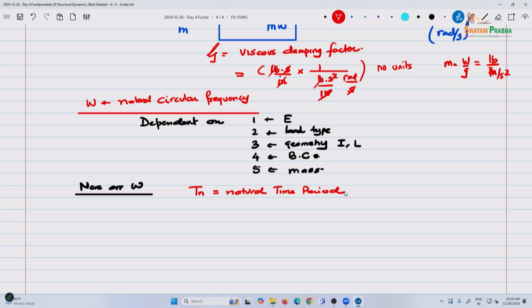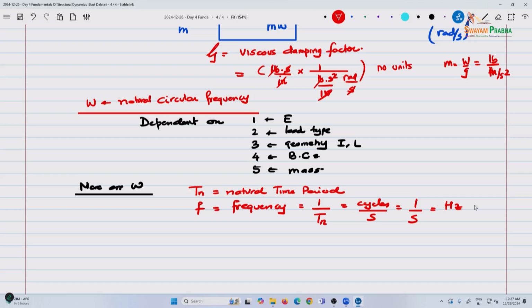That's why the term natural helps. And if f is the frequency itself, it's different from the natural frequency. This is 1 over Tn, right? So this is so many cycles per second, or simply it is expressed as 1 over second, or expressed as hertz.